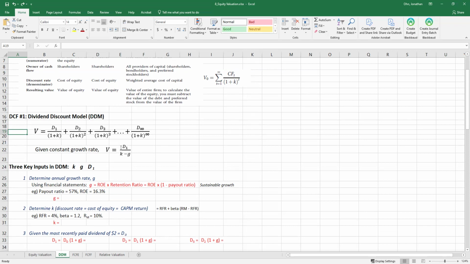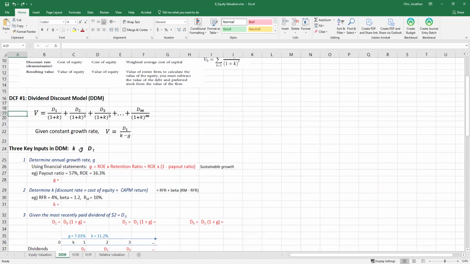V is equal to D1, the expected dividend at the end of this year, divided by K minus G. K is cost of equity, the discount rate, minus growth rate. So this stably growing dividend or cash flow, the widely used valuation model is V is equal to D1 over K minus G. So we have D1, K, G. There are three factors, three inputs in the dividend discount model. Let's talk about these three factors.